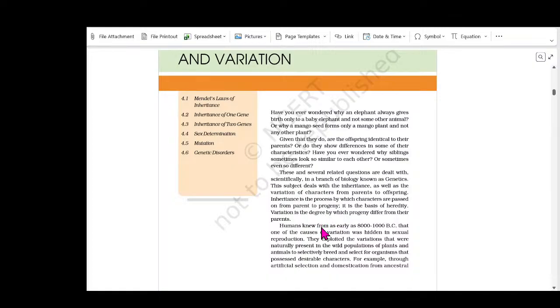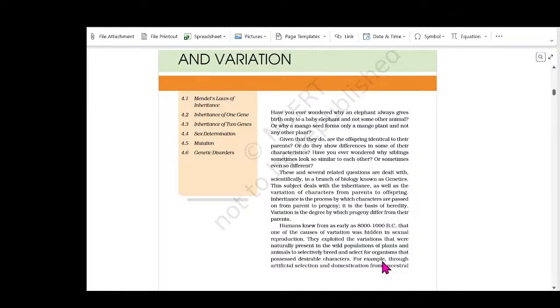Humans knew from as early as 8000 to 1000 BC that one of the causes of variation was hidden in sexual reproduction. They exploited the variations that were naturally present in the wild populations of plants and animals to selectively breed and select for organisms that possess desirable characters.